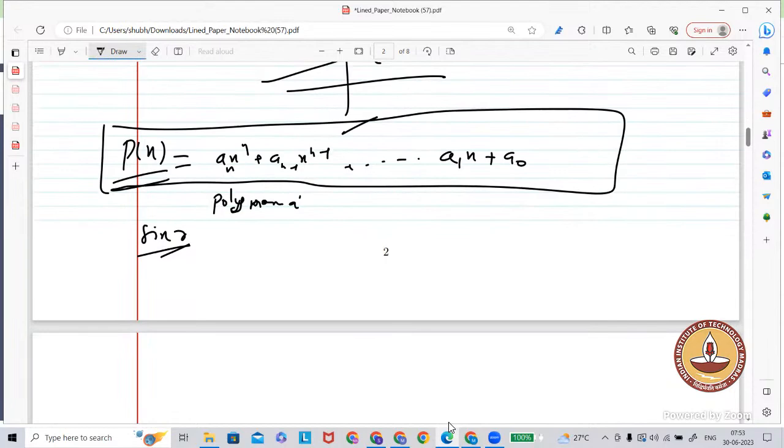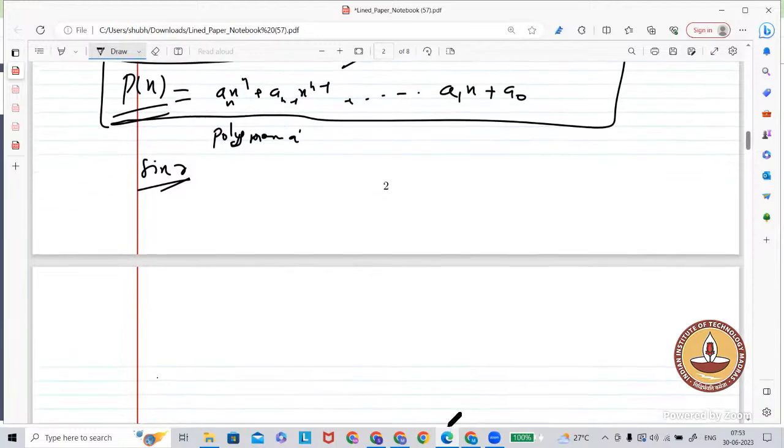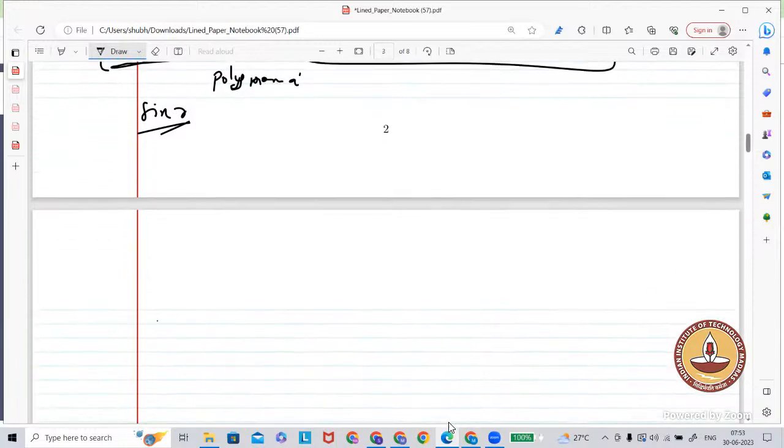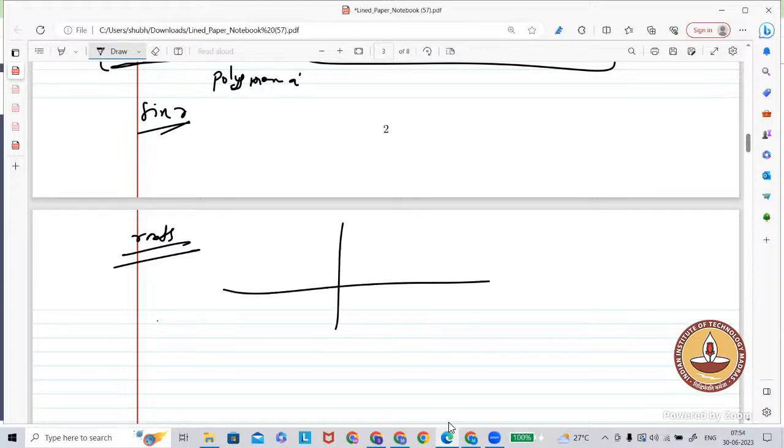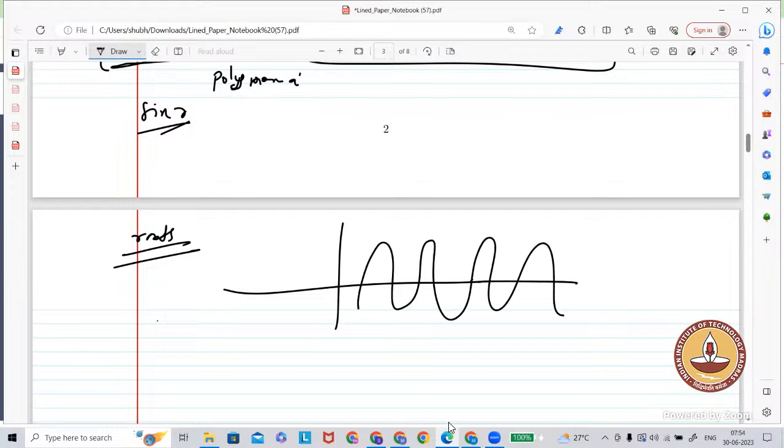That is the definition for polynomial. And the next thing is we just briefly went through the roots. The definition of a root is where the function has 0 value, the output.